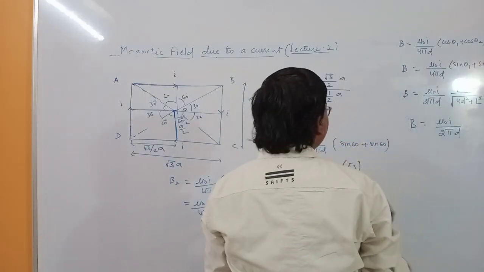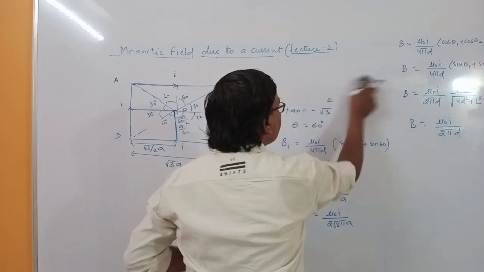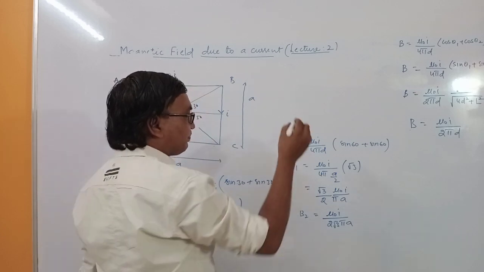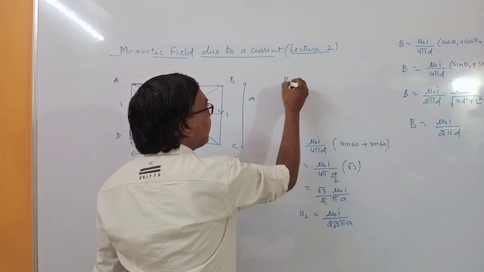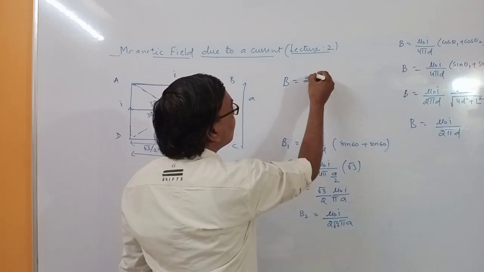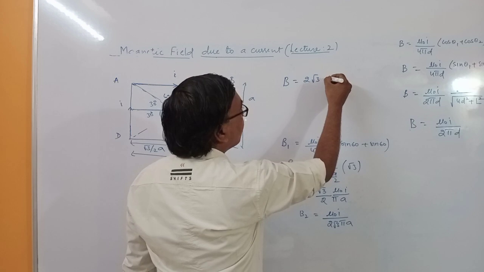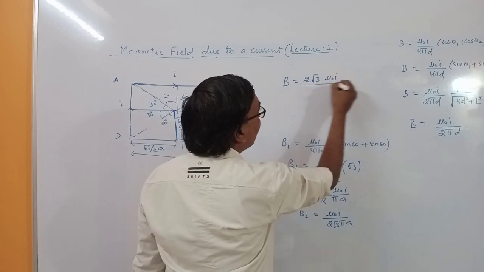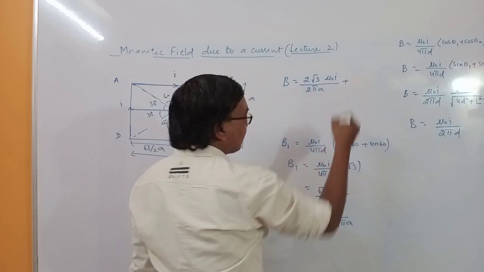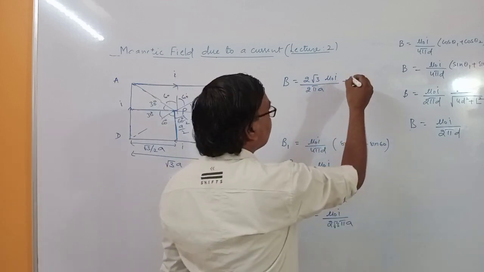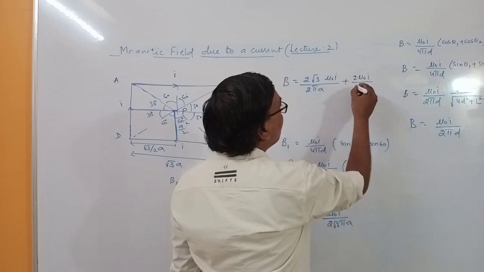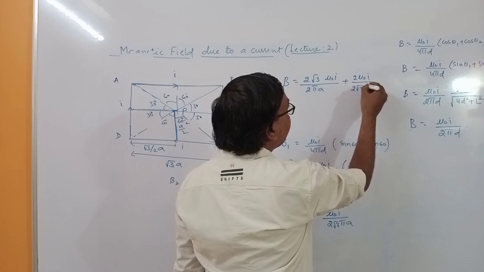So adding all the magnetic fields, how much will we get? Just remove this. 2 times B1, 2 times B2. So the total magnetic field will be equal to 2 times B1, where B1 is root 3 mu naught I upon 2 pi a, plus 2 times mu naught I upon 2 root 3 pi a.